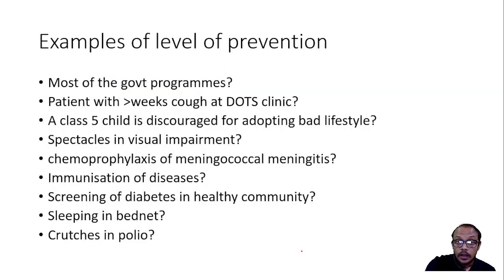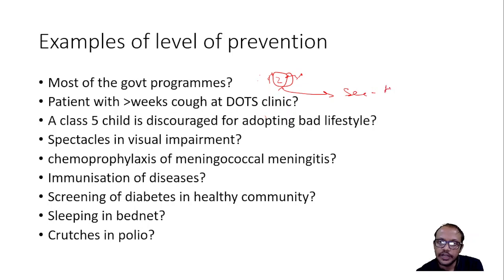There are a few related questions that can be asked. For example, government programs contain all levels of prevention: primary, secondary and tertiary. But most commonly government programs are meant for the secondary level of prevention, to treat.